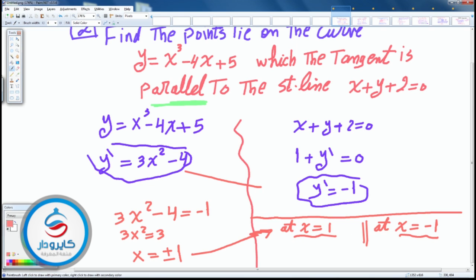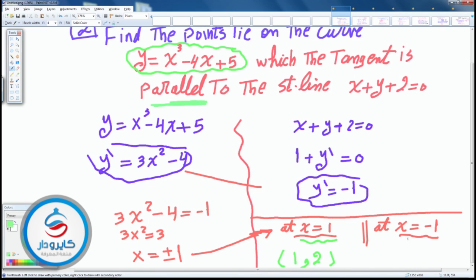Instead of x, here in the equation of the curve, because the question is to find the points lying on the curve. That means the value of y must be obtained from the original function y equals x power 3 minus 4x plus 5. When we substitute x equals 1, we get y equals 2. Then we have 1 and 2.